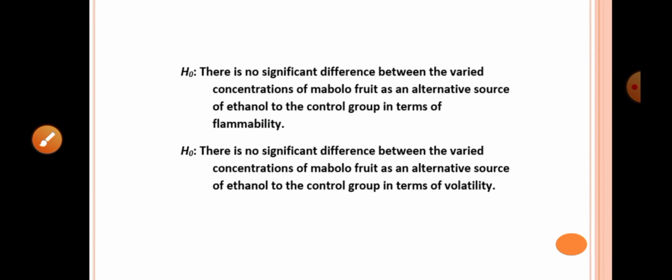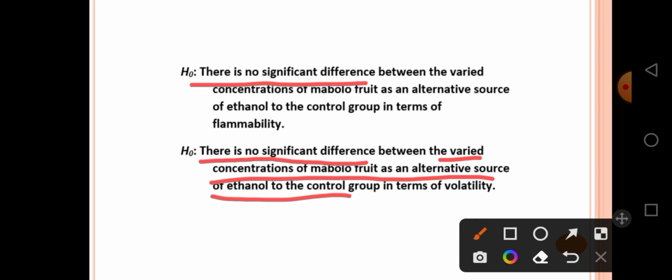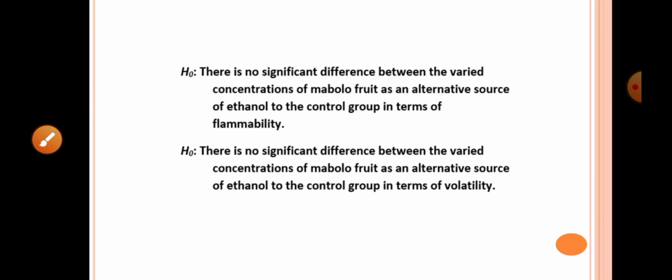So the null hypothesis, as you can observe, always indicates that there is no significant difference. There is no significant difference between the groups in terms of the measurable variable. Therefore, that is the description of our null hypothesis.